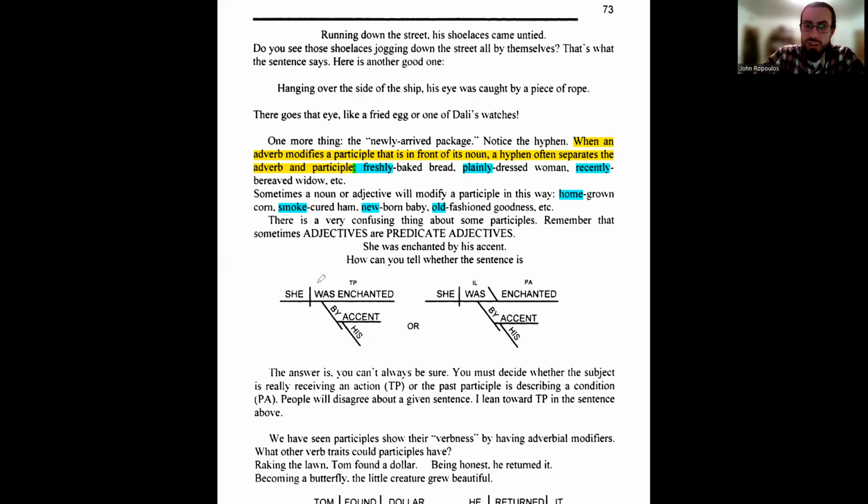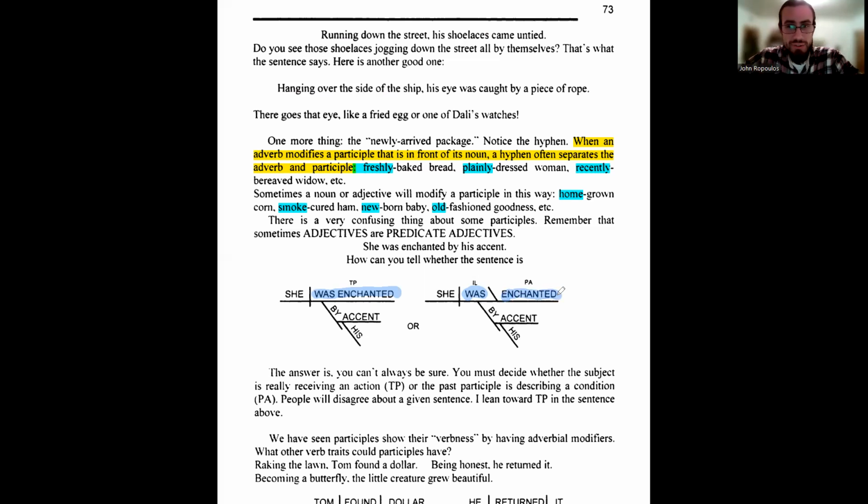She was enchanted. Here, was enchanted is taken as a transitive passive verb, with by his accent as a prepositional phrase as an adverb. Or could it be she was is an intransitive linking verb, and then enchanted is a predicate adjective, but what kind of adjective is it? It's a participle. Which one is it?